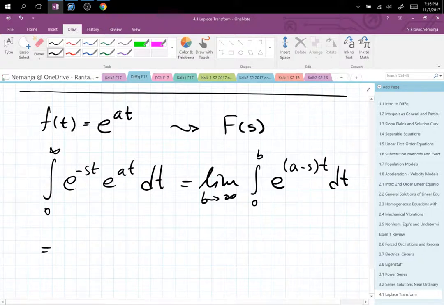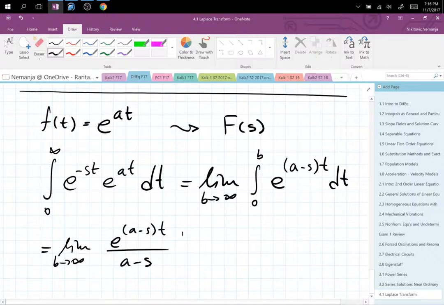All right, so we have now the limit as b goes to infinity when we integrate e to the a minus s t over a minus s from 0 to b. We plug in b.